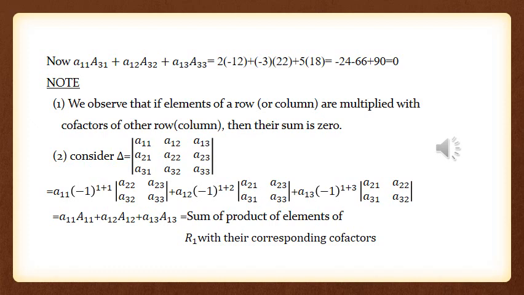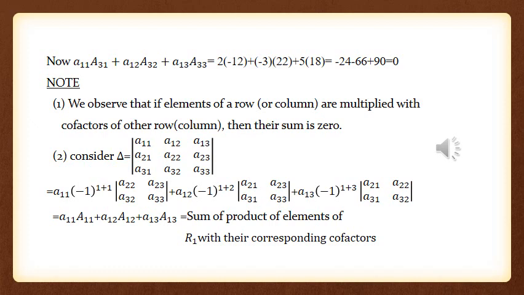This is true always. That means if elements of a row are multiplied with cofactors of any other row, then their sum is 0. Or if elements of a column are multiplied with cofactors of any other column, then their sum is 0. This is an important result.